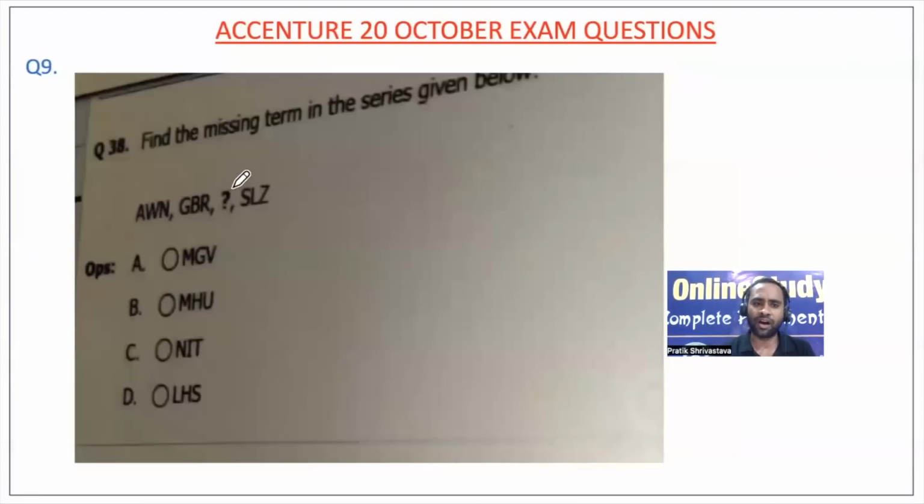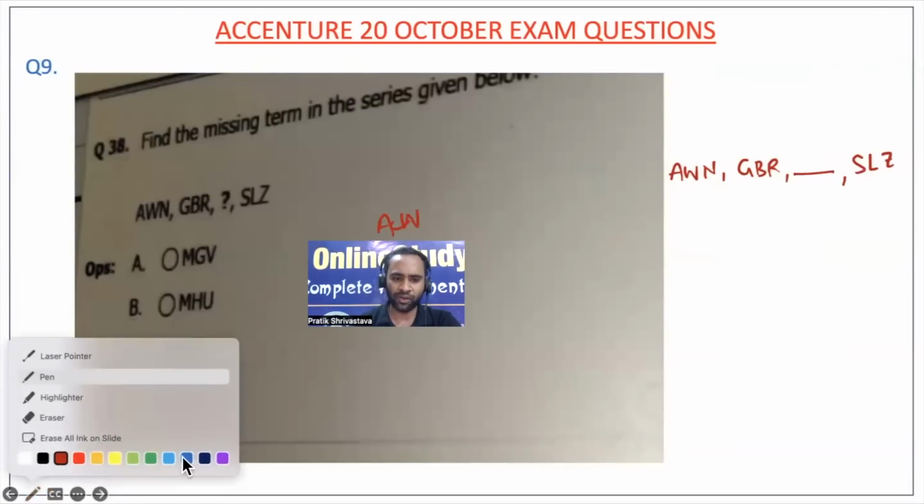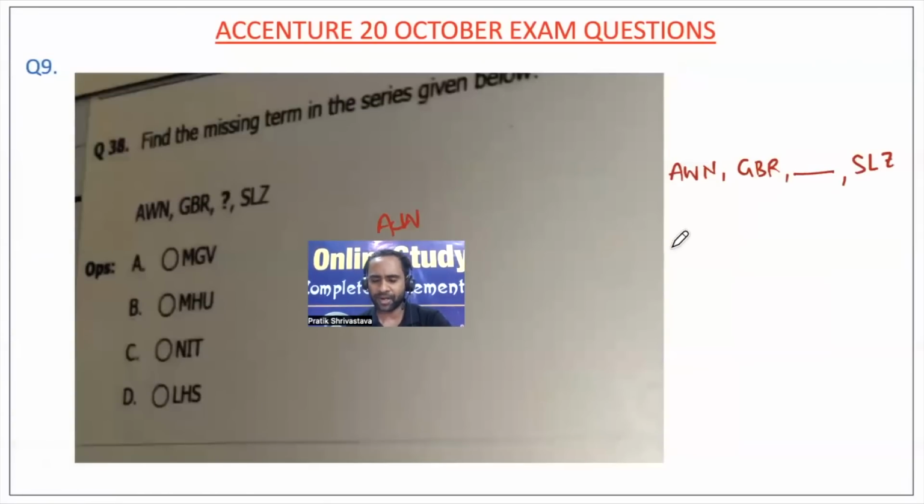Then find the missing term in the series below. So we have AWN. I will write it down here. We have AWN, then GBR, then the missing term, and then SLZ. Friends, this kind of question you can solve if you have remembered the alphabetical numbers, okay? A is 1, this I have already told you.